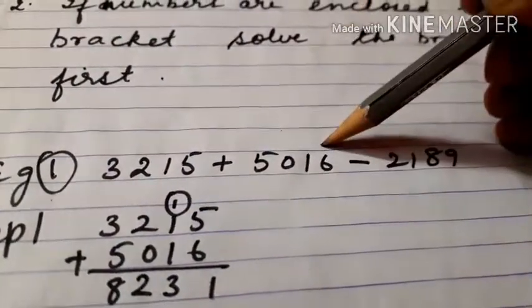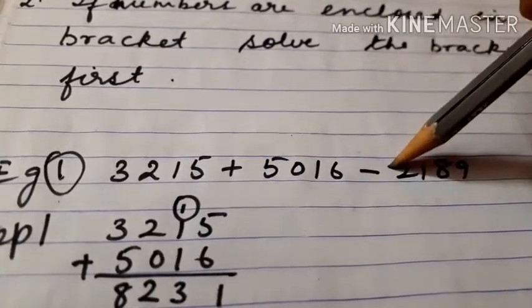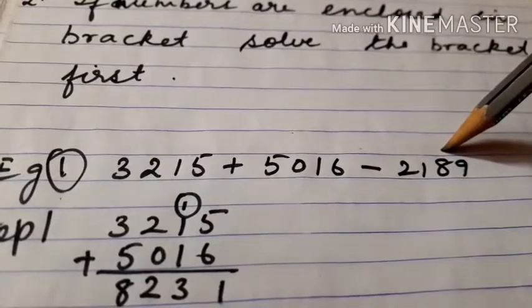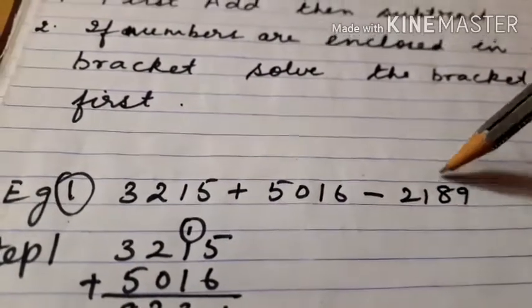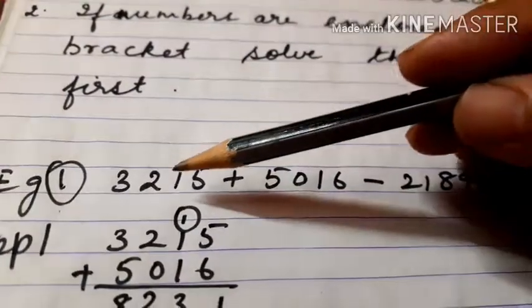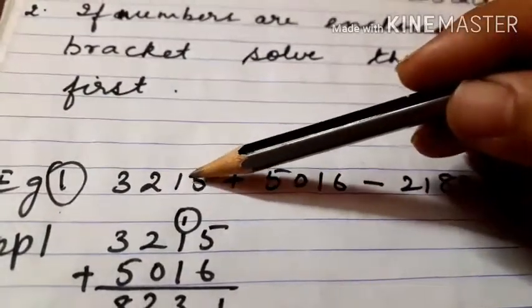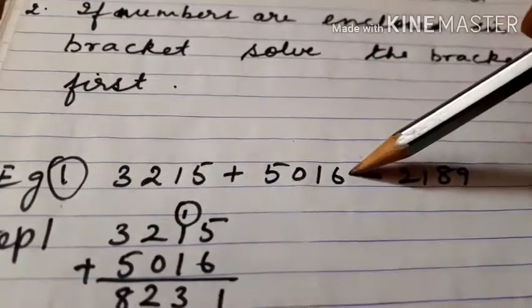3215 plus 5016 minus 2189. So we have the two rules. First add, then subtract. So what we will do? We will first add 3215 and 5016.